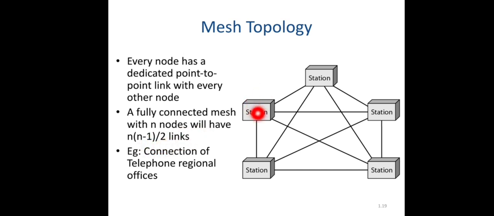For every node, n minus 1 neighbors will be there, so n minus 1 cables should be there. In most cases, these cables will be full duplex, so two-way communication is possible. So the total number of links will be n into n minus 1 by 2 links.